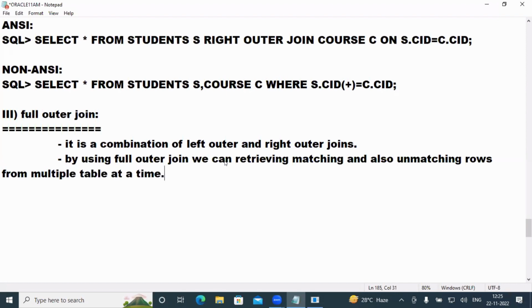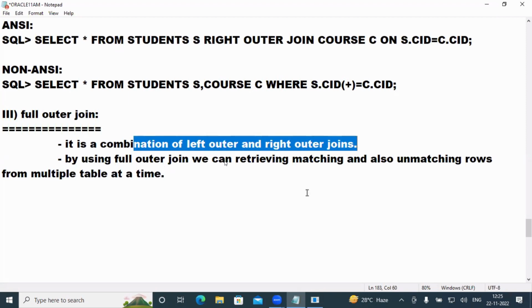So with full outer join, the advantage is what? We don't lose any type of data. We are getting matching data as well as unmatching data, both data we are getting here. That is the advantage of full outer join, because its nature is a combination of left outer and right outer.